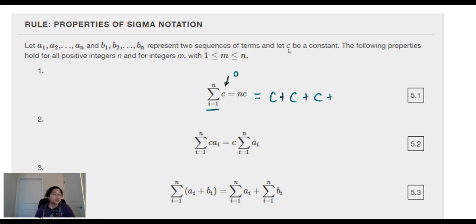There's no i element in what we're doing, so we're just adding up a certain number of c's. And how many c's are we adding? n c's. So it's just the repeated addition, which is the definition of multiplication, which is a throwback to like 3rd grade or something, so that's fun.